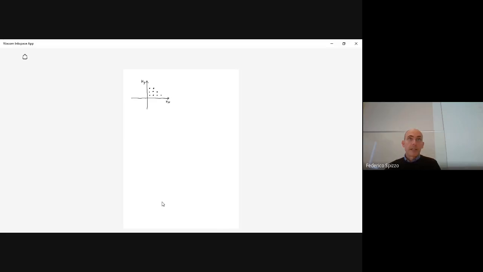So this means that there is the opportunity to build up something similar to the elementary cell that you maybe have seen when discussing the Bravais lattice or also the reciprocal lattice.